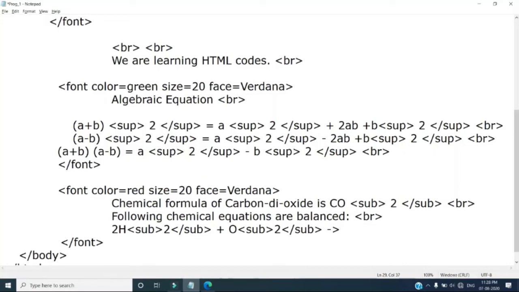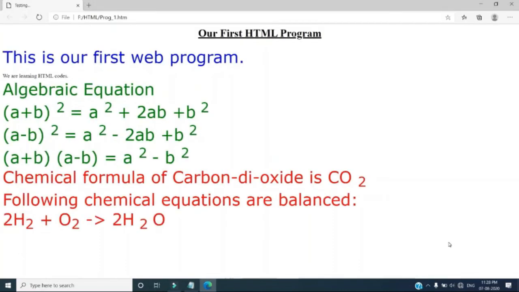In that way we will display it in our web page. So 2H2 plus O2 equals 2H2O, where 2 should be subscript. Let's check. So 2H2 plus O2 is showing 2H2O. The 2 whichever is required as subscript is coming as subscript.